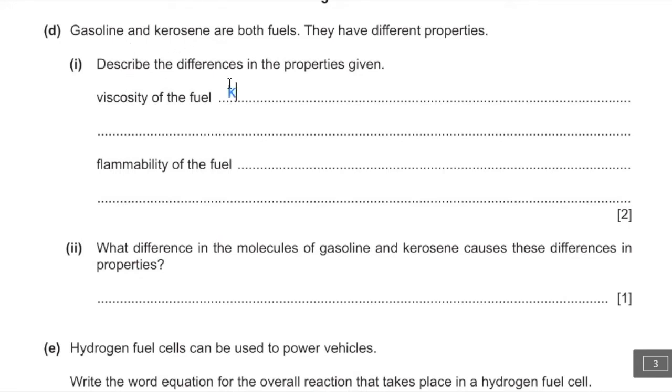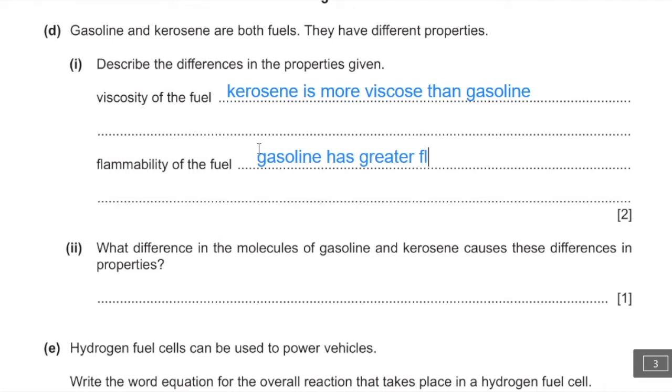And so, due to a longer length of the carbon chain, flammability decreases with the length of the carbon chain, which means gasoline has a shorter chain, and so it is going to be more flammable. 2.